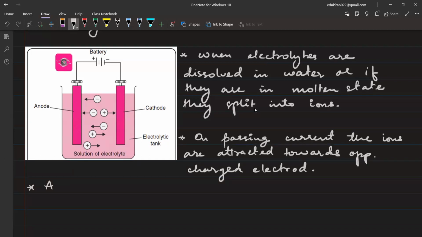Write next: anions are attracted, or rather write it like this to make it short: anions reach anode and get neutralized.